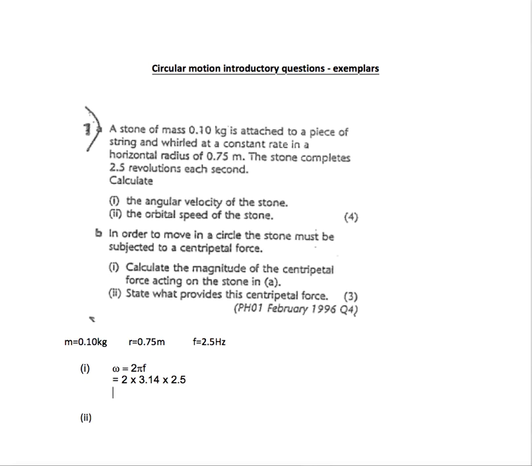So that gives us 15.7. We're looking at 2 sig figs. So we're looking at omega equal to 15.